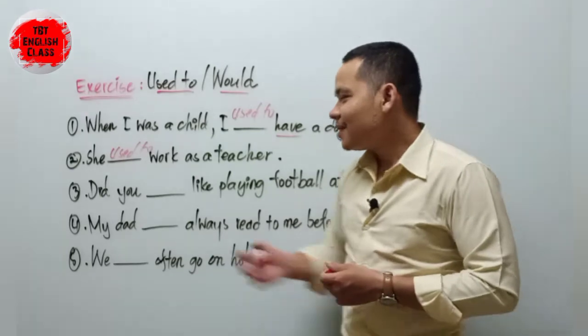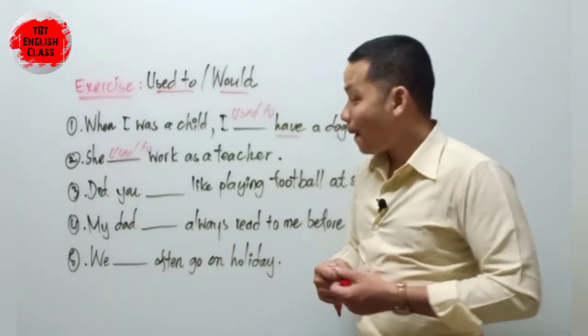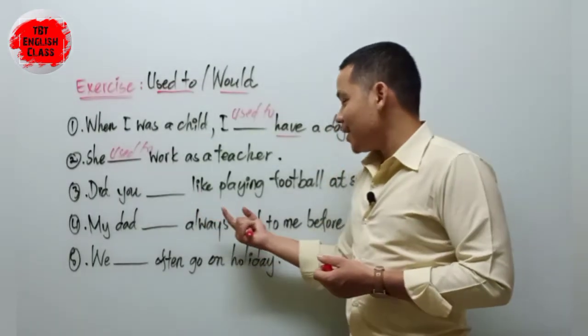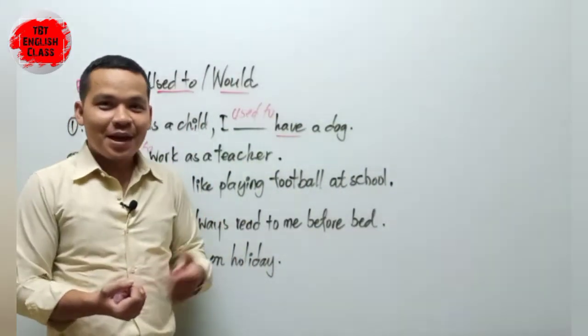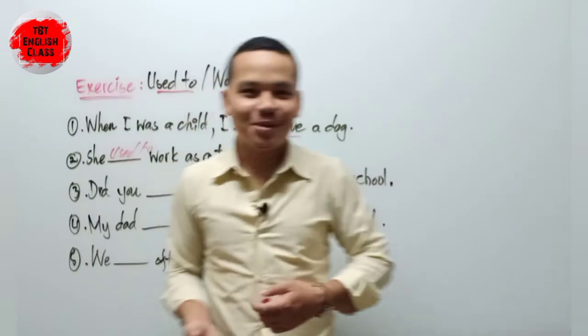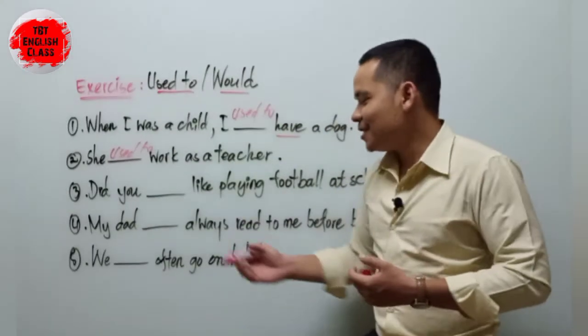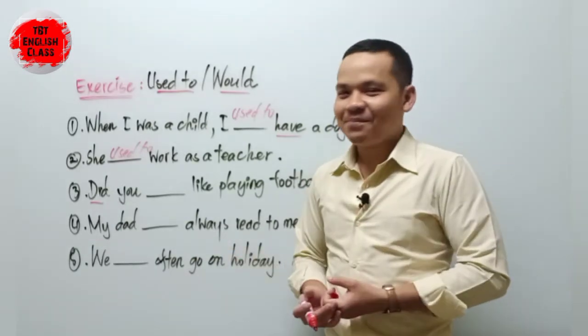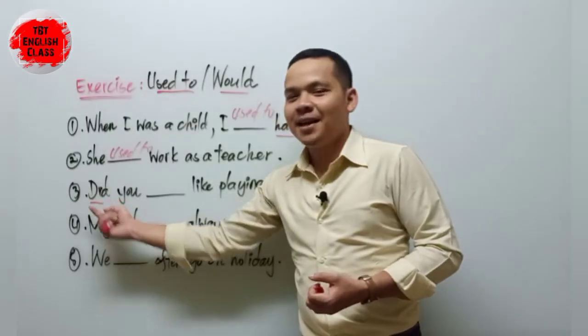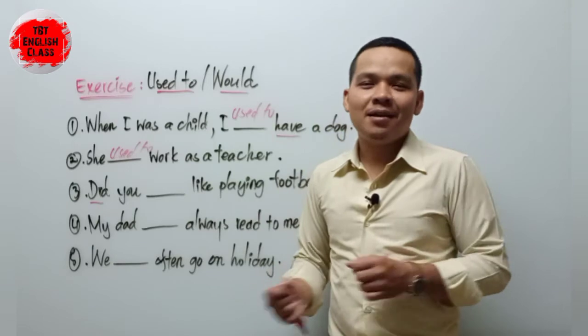So we use, she used to work as a teacher. Yes. Number 3. Did you like playing football at school? So the answer, what is it? You see the verb did. So I think that you know. You see the auxiliary verb did here, it must not be would.